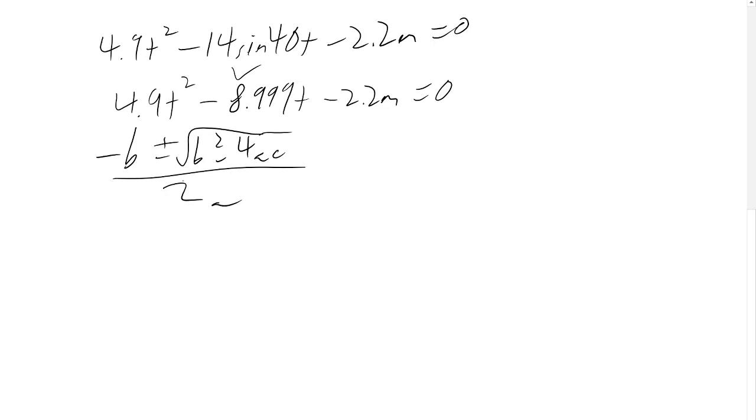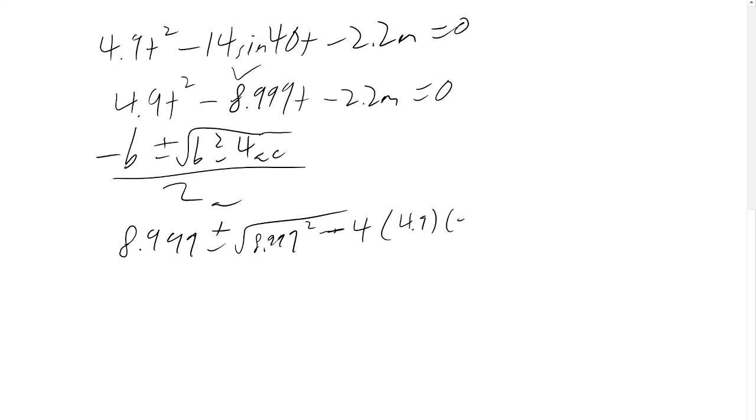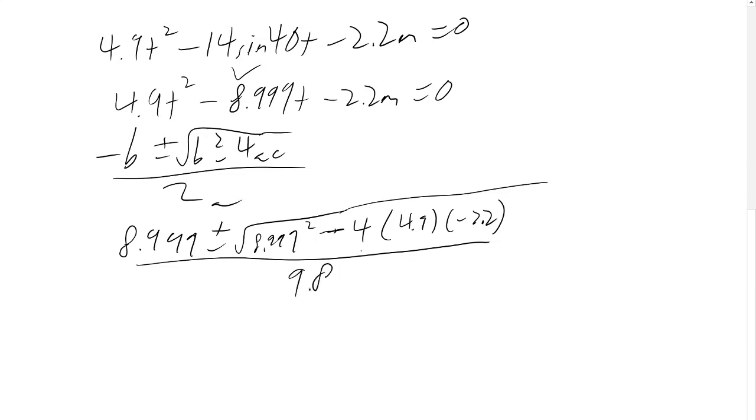So our b is negative 8.999, so that's positive 8.999 plus or minus the square root of 8.999 squared minus 4 times 4.9 times negative 2.2, divided by 2 times 4.9, that's just 9.8, so we'll leave it at that.